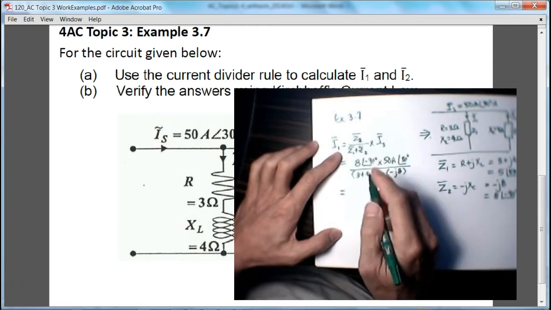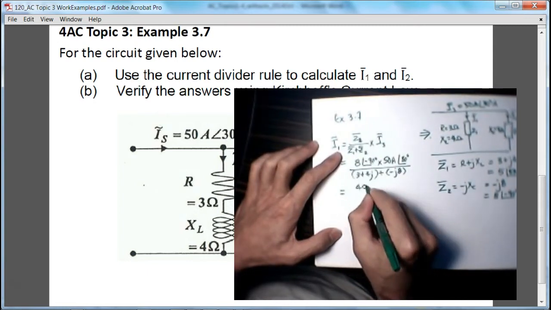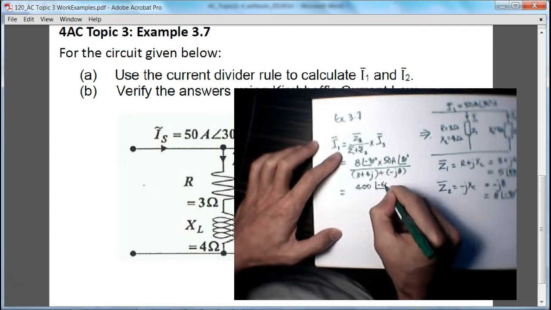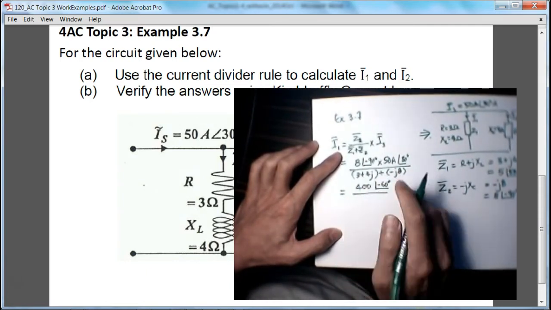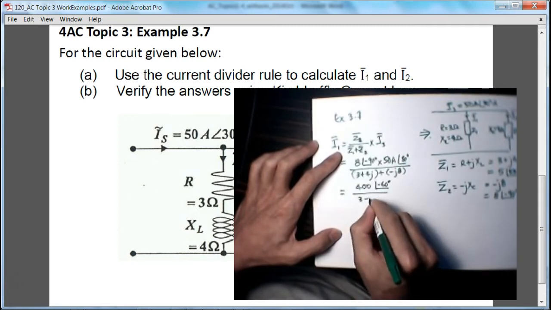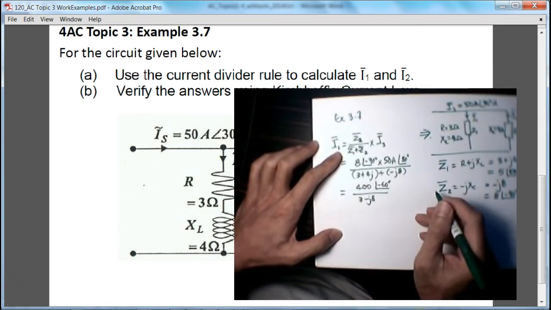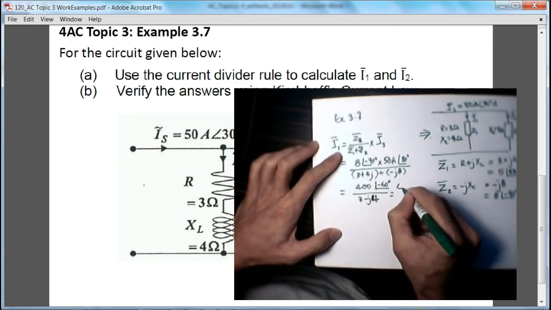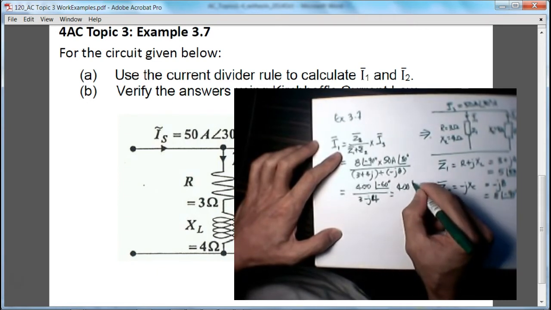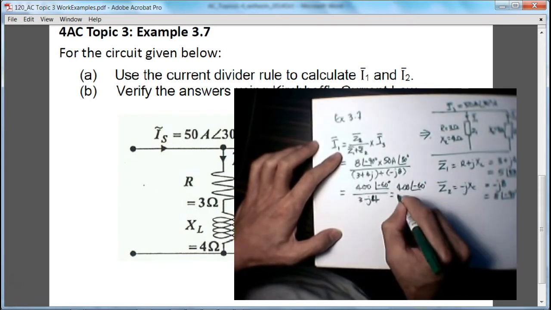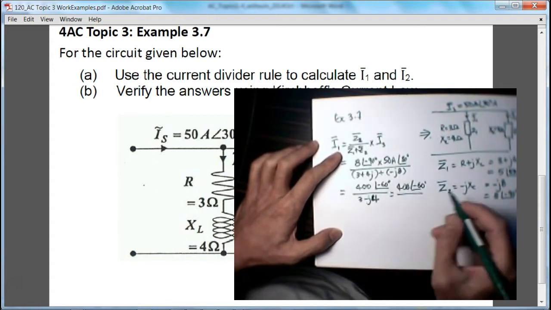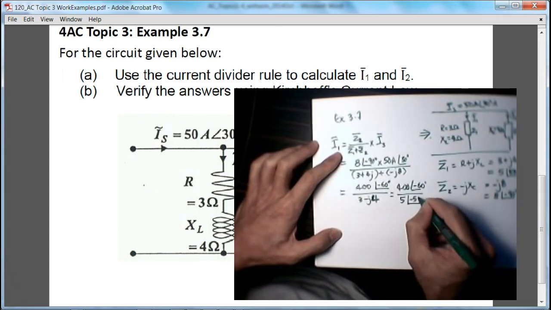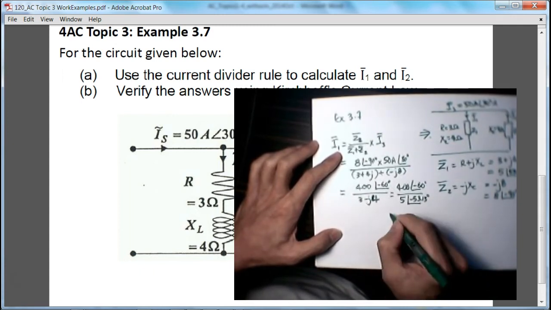That gives me 8 times 50, which is 400, at an angle of minus 90 plus 30, that's minus 60 degrees, divided by 3 minus j4, which is just 5 at an angle of minus 53.13 degrees.